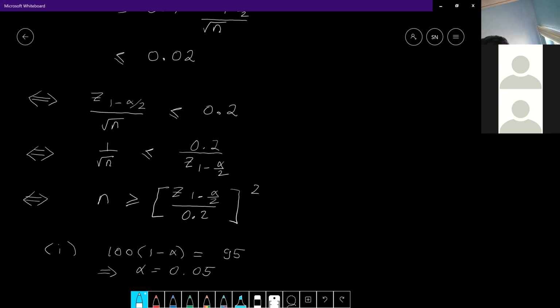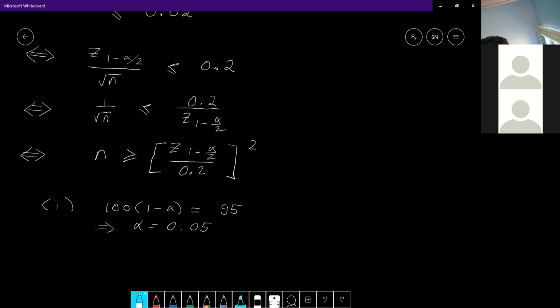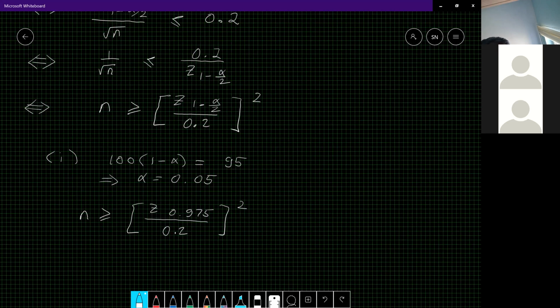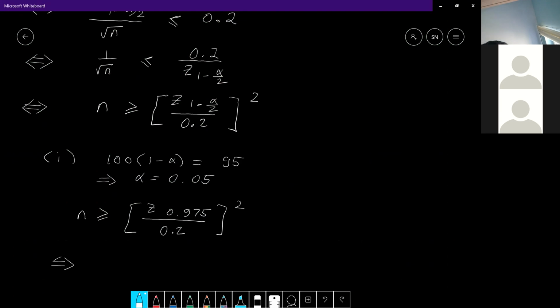So n must be greater than or equal to z 0.975 divided by 0.2, to the power of 2.